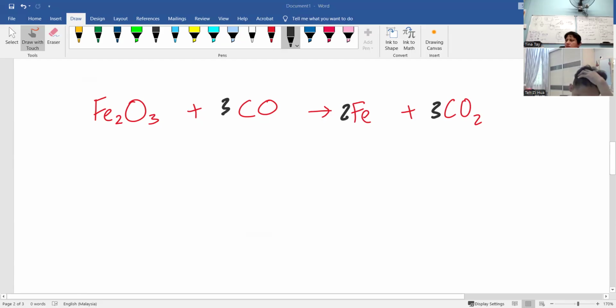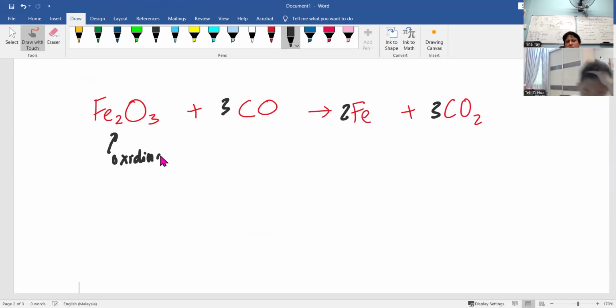Fe2O3 is the oxidizing agent. And so it's reduced or oxidized? Reduced. Okay.